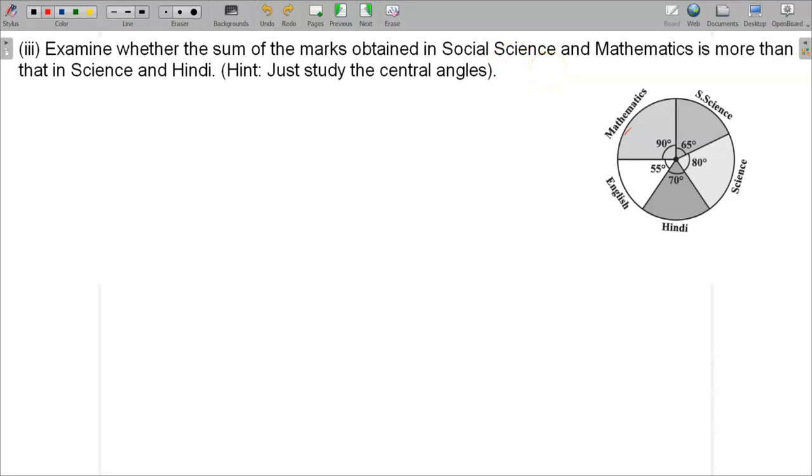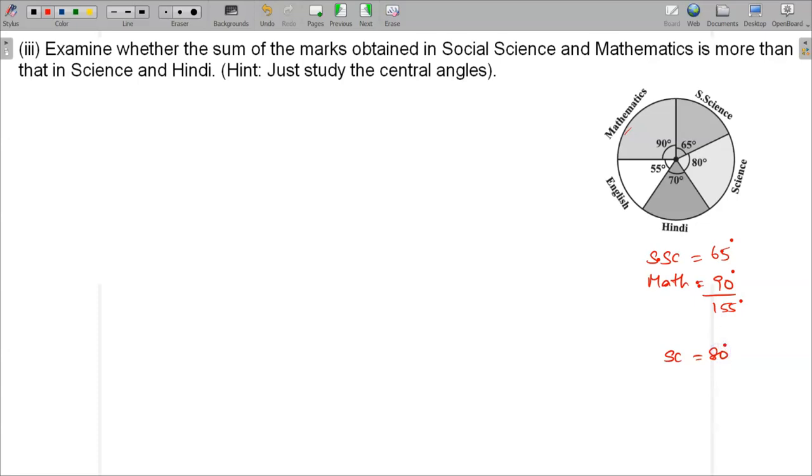So using the central angle itself for your hint, I'm saying that social science is what? Social science is equal to 65 degree central angle, right? And mathematics is what? Mathematics is 90 degree, okay. So 90 plus 65 is what? 155 degree, okay. Similarly science is equal to 80 degree, right?